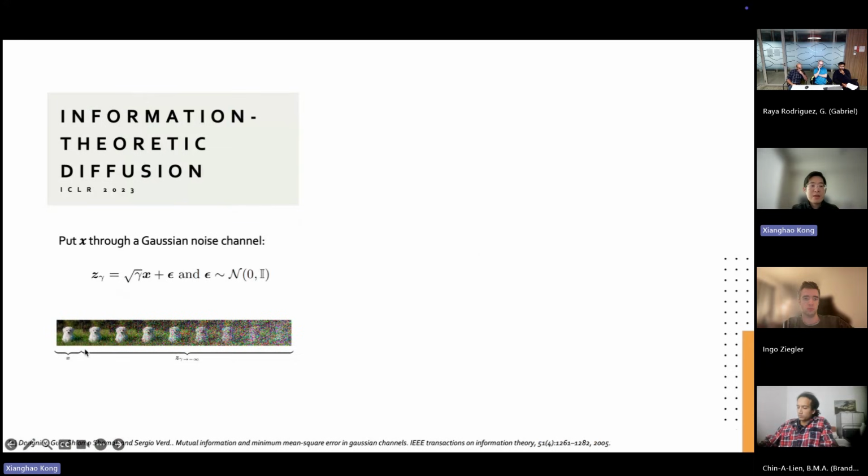Here is an example. The variable X is the image of a dog. We put some noise on it, and the level of noise is controlled by the signal-to-noise ratio, which we name gamma here. So Z gamma is a variable with Gaussian noise at different levels.